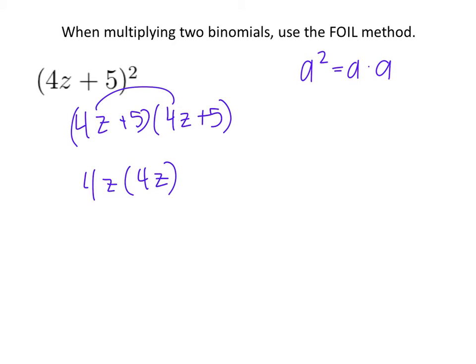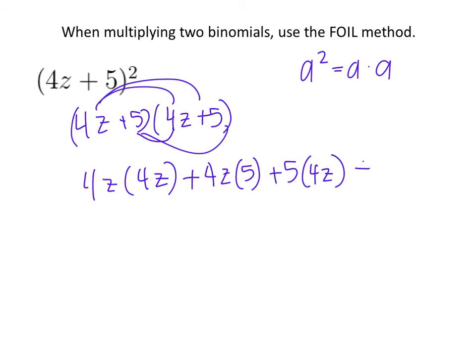And if you wanted to skip this step where you're writing out the terms multiplied to each other, you can. If you want to jump straight from 4z times 4z to 16z squared, you can go ahead and do that. Otherwise, just write it down. It's just one step. 4z times 5, inside plus 5 times 4z, plus 5 times 5.